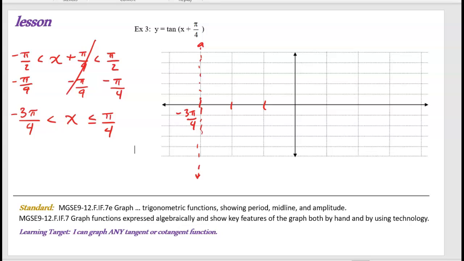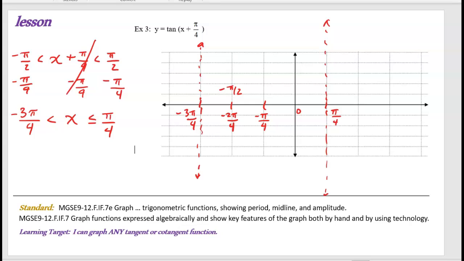There's my first vertical asymptote. So this is negative 2 pi over 4, which we talked about in all the classes, perfectly okay when graphing. It's actually negative pi over 2. This is going to be negative pi over 4, understood 0. And then pi over 4 is my other vertical asymptote.